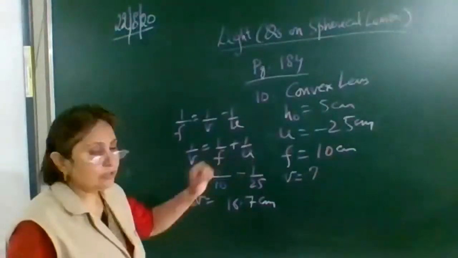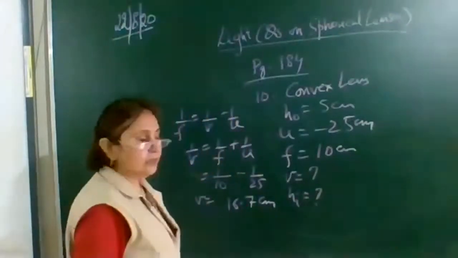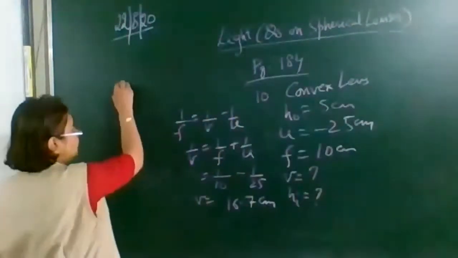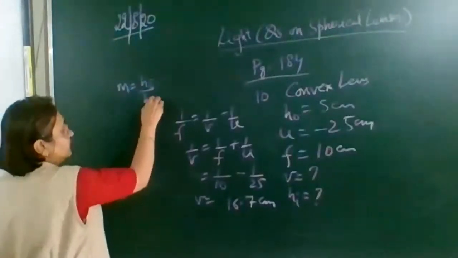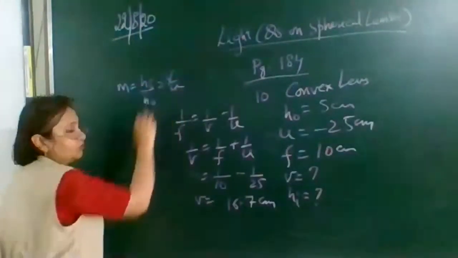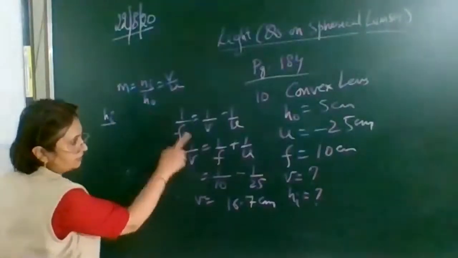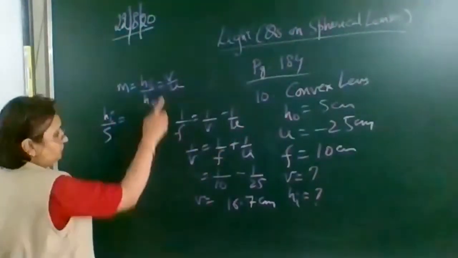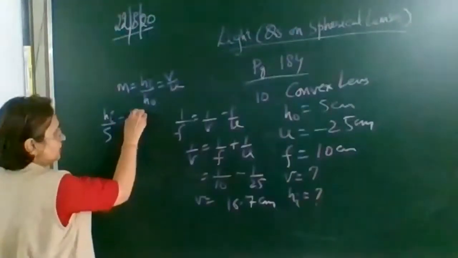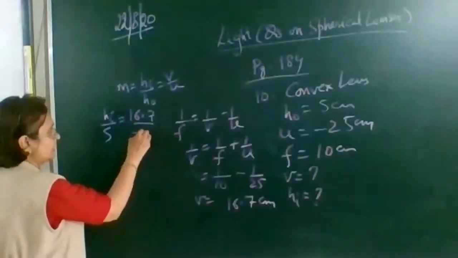Now also the height of the image has to be determined. For finding out the height of the image, we know that magnification is height of the image to height of the object, which is also equal to v upon u. So height of the image upon height of the object. Height of the object is 5 centimeters. V distance is 16.7 and u distance is minus 25.